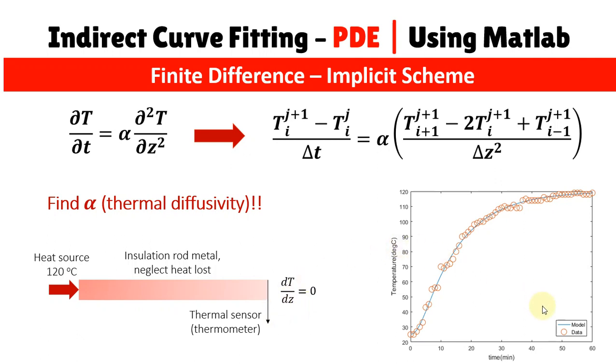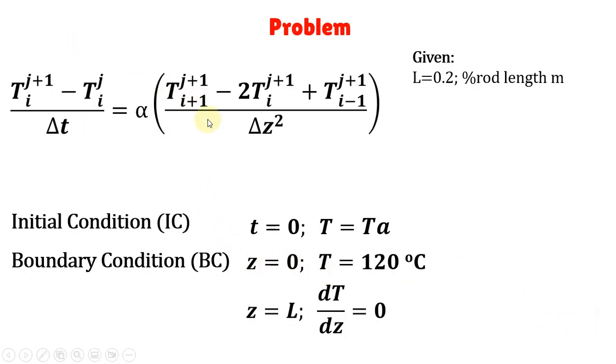Okay, next, an explanation of this equation, the finite difference implicit scheme form. The initial condition at time 0: the rod temperature is the air temperature, 25 degrees. For the boundary condition we have 120 degrees Celsius, and on the other side the first derivative dT over dz equals 0.